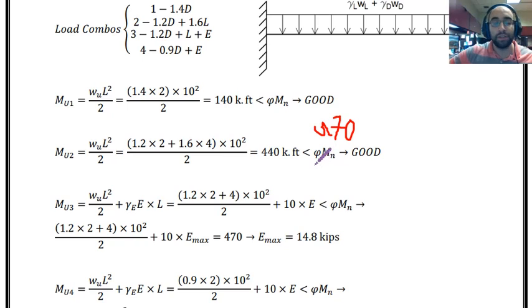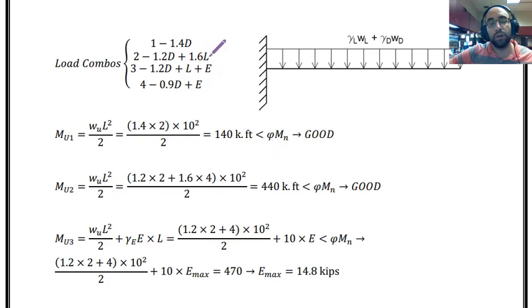So maybe the designer considered these gravity loads and just designed the section for that, and now he or she wants to see what is the amount of earthquake load that this section can carry when it is just designed for gravity loads. So as you can see, the strength of the section is just a little above the maximum moment because of the second load combination.